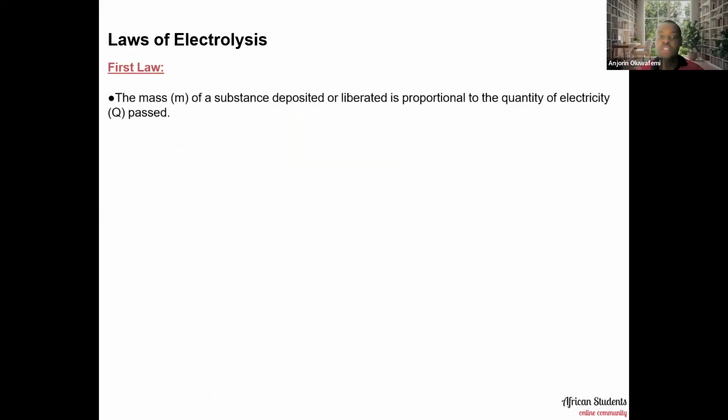Okay. So we'll look at the laws of electrolysis now. The first law is this. It says the mass M of a substance deposited or liberated is proportional to the quantity of electricity Q that is passed.